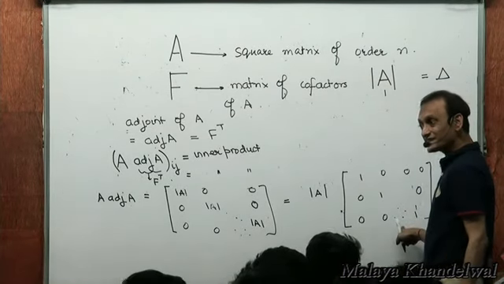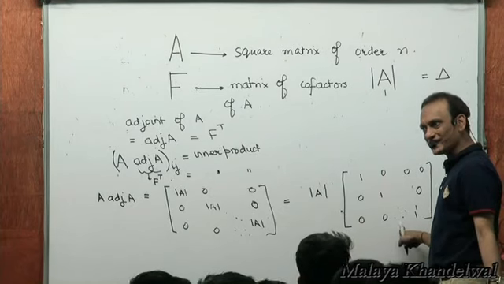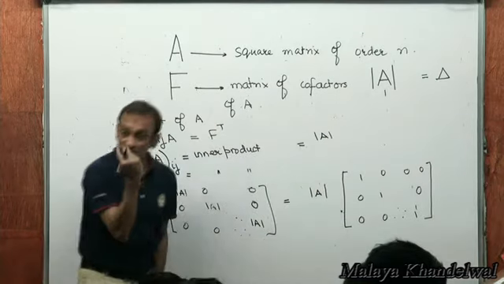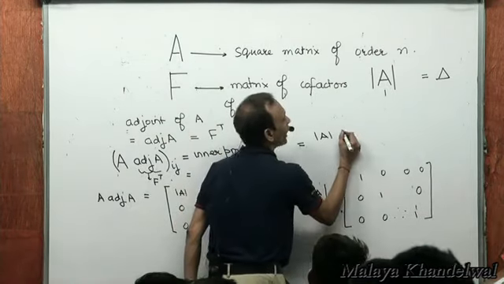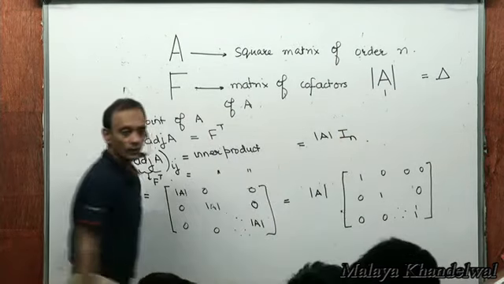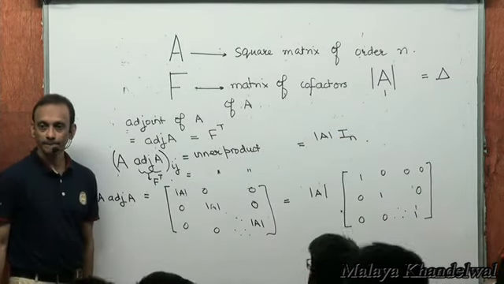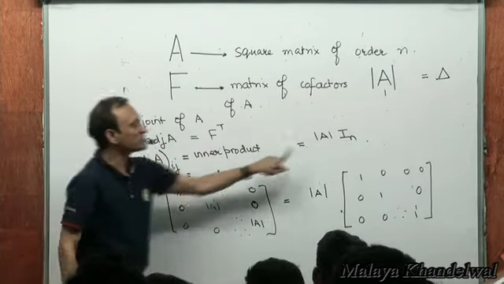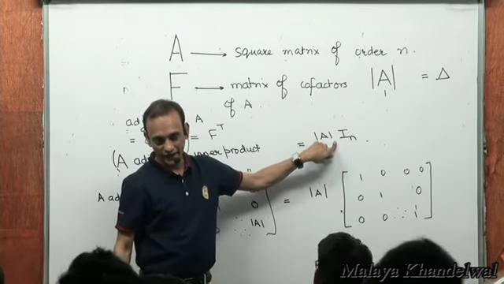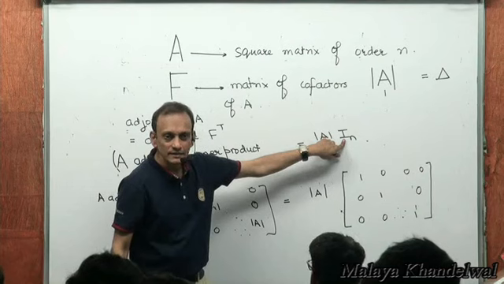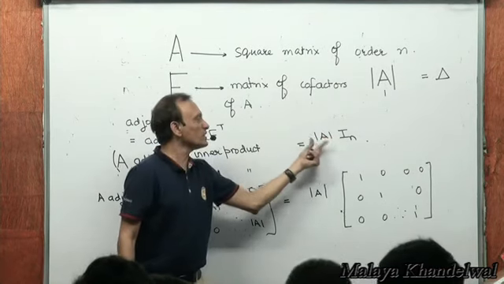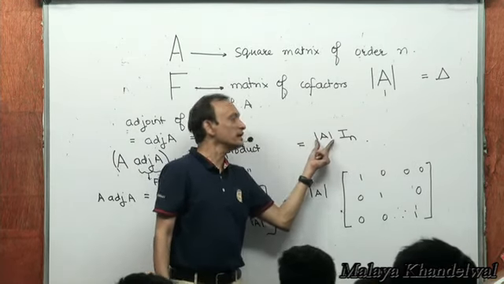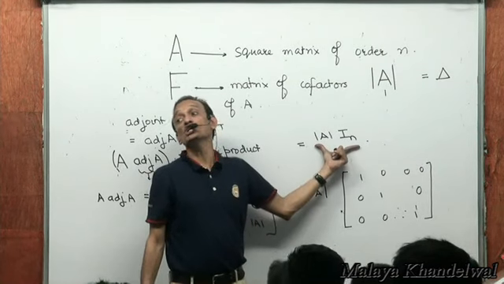Which is a unit matrix I_N, yes or no? So this turns out to be determinant A, which is a scalar K, into I_N, yes or no? I_N is a matrix, and will give me the matrix part of A adjoint A, and this will give me the scalar part of A adjoint A. This is a unit matrix, identity matrix, into a scalar. All the diagonal elements of this would be determinant A. Everything else will be 0.